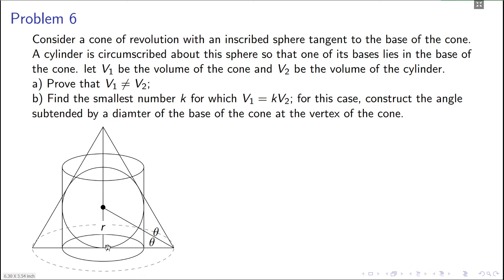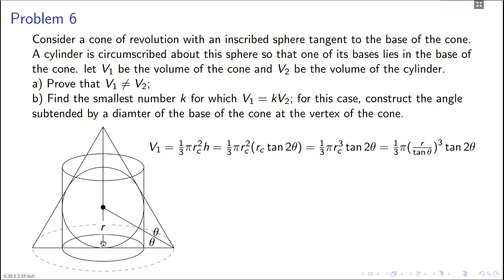So if you look at the volume of the cone, it's 1/3 of pi r square h, but r is the radius of the cone, not the sphere. So I'll just call it rc, and h is this. This is rc.